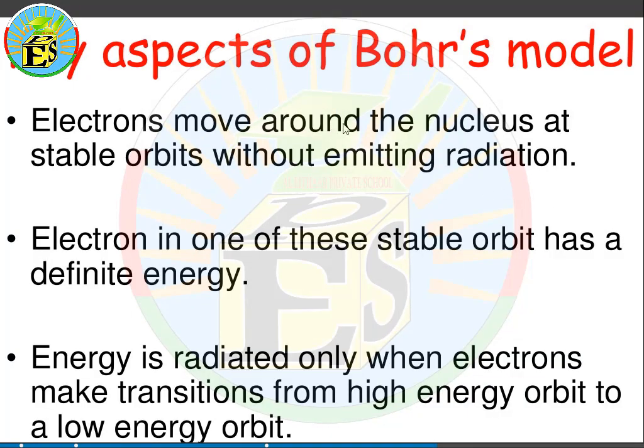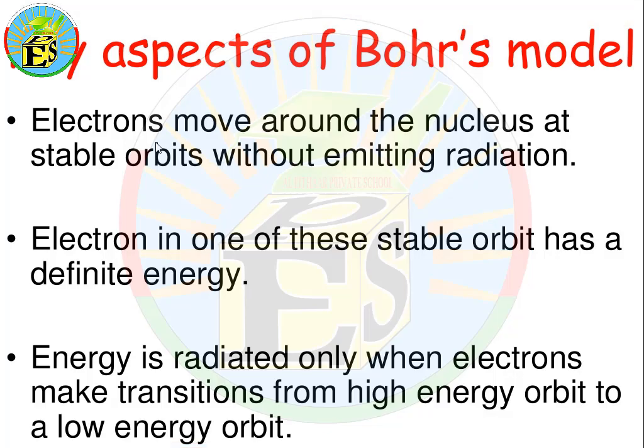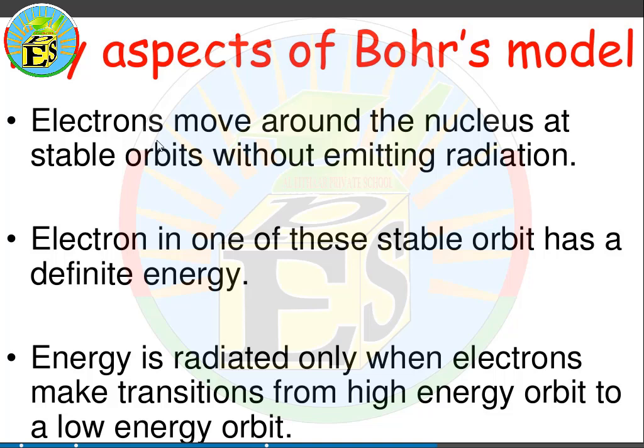Key aspects of Bohr's model. Electrons move around the nucleus in stable orbits without emitting radiation. It means if the electrons are moving in a specific orbit, they will not emit radiation. Electrons in one of these stable orbits have a defined energy.